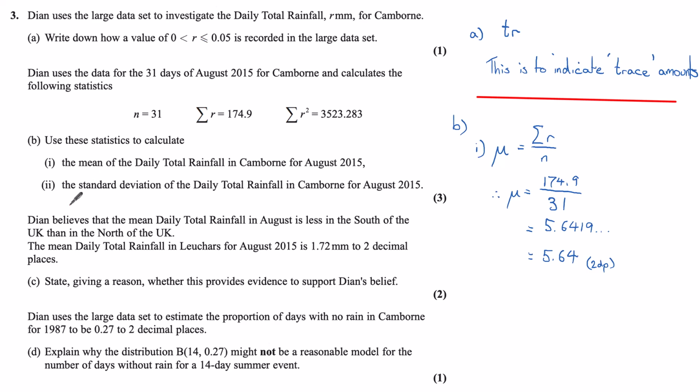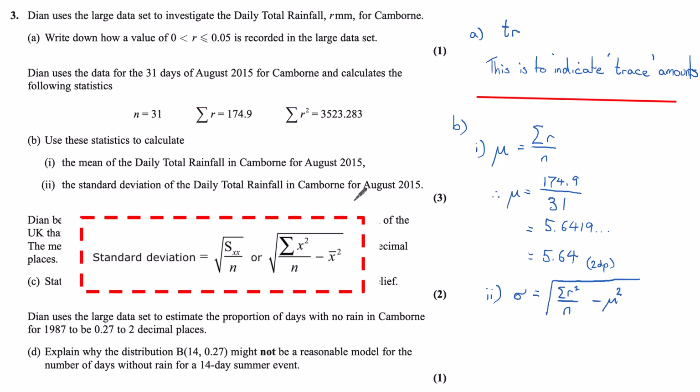Now for part ii, the standard deviation of the daily total rainfall in Camborne for August 2015, there is a formula. If we cannot remember it, this extract here is from our formula booklet. If we look at this second part here, the standard deviation is the square root of the sum of x squared over n minus the mean squared.